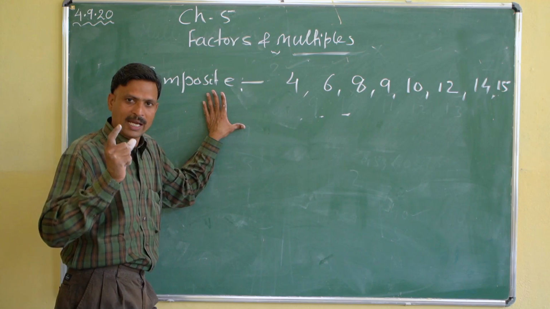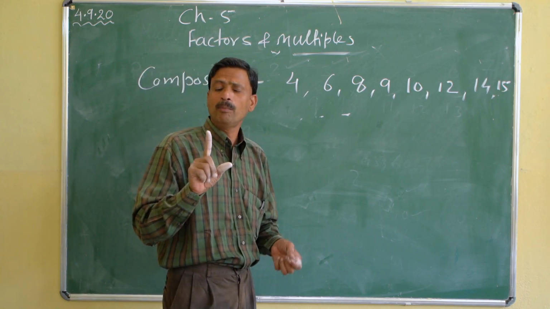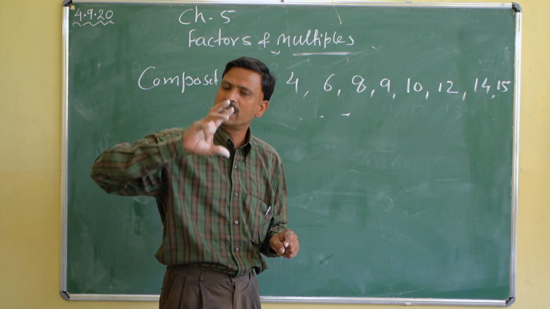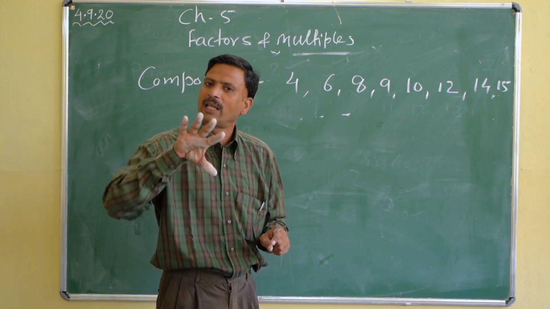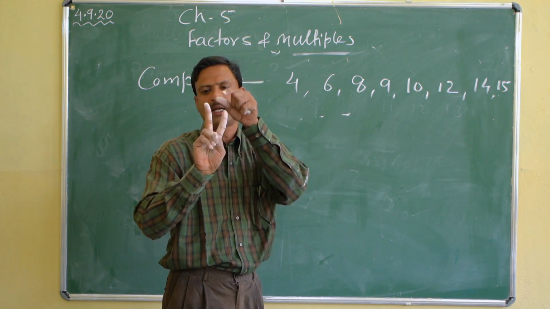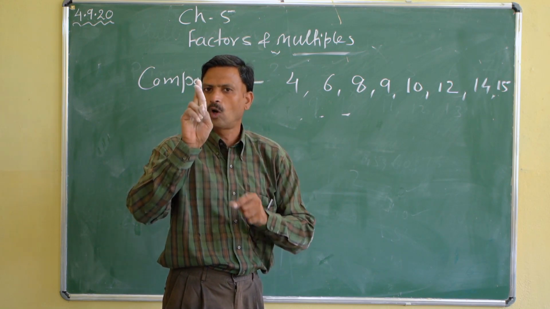And what is the difference between prime and composite? Again I am telling, a prime number is divisible by exactly itself and 1; the number having exactly 2 factors, 1 and the number itself, is called prime.